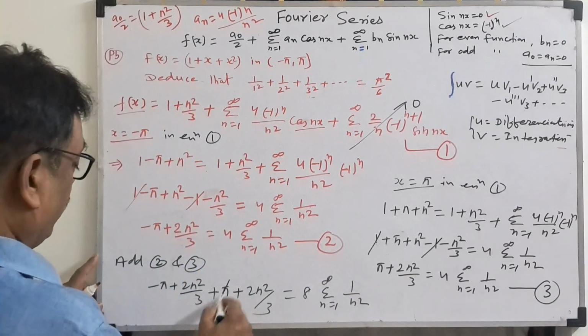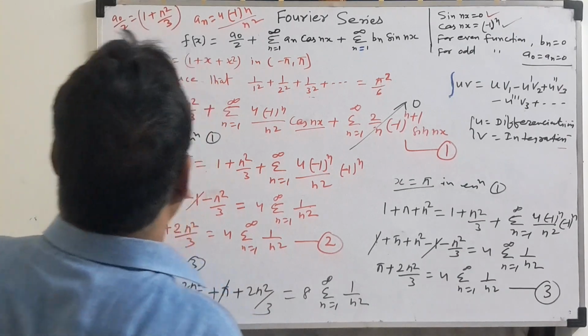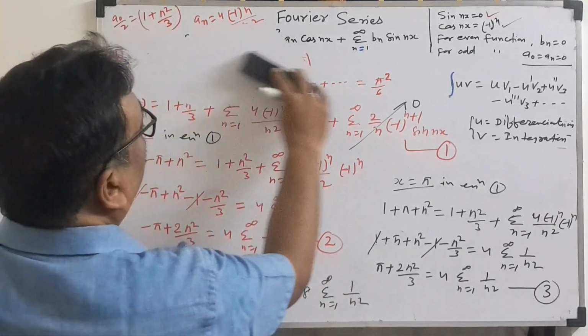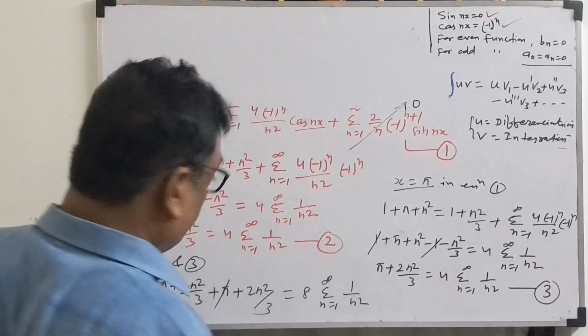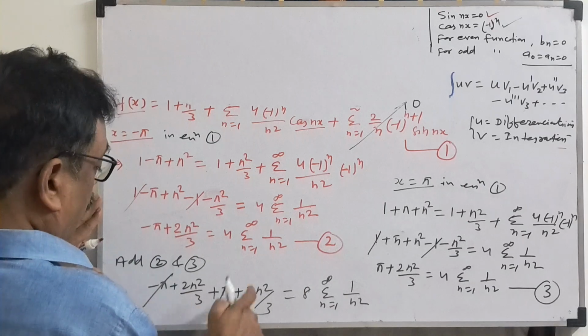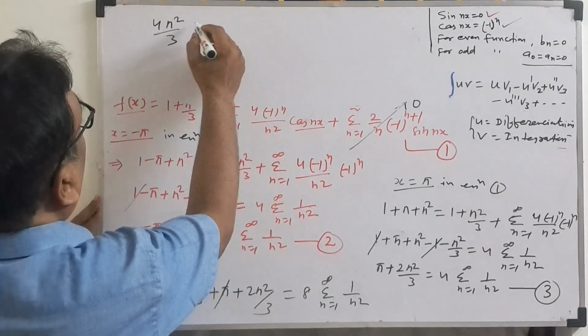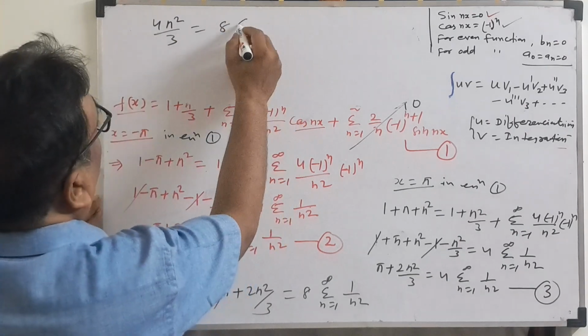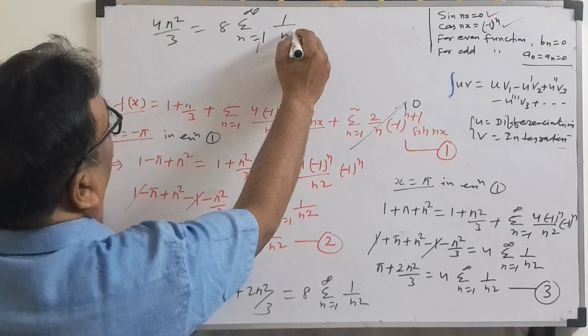So see here, pi gets cancelled, 2 pi square by 3 plus 2 pi square by 3. So what will come finally? 4 pi square by 3 equal to 8 summation n is equal to 1 to infinity 1 by n square.